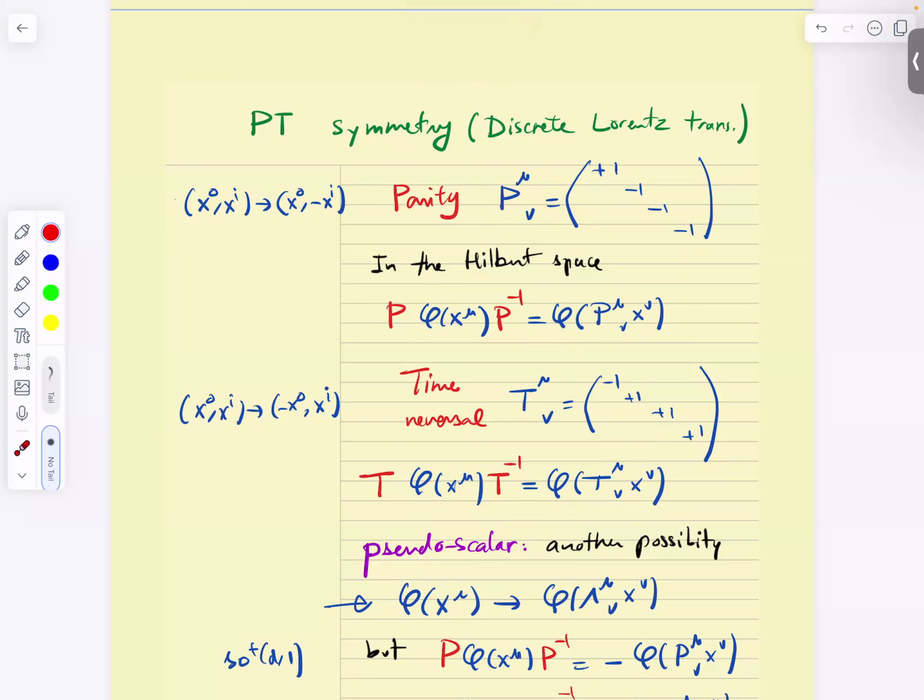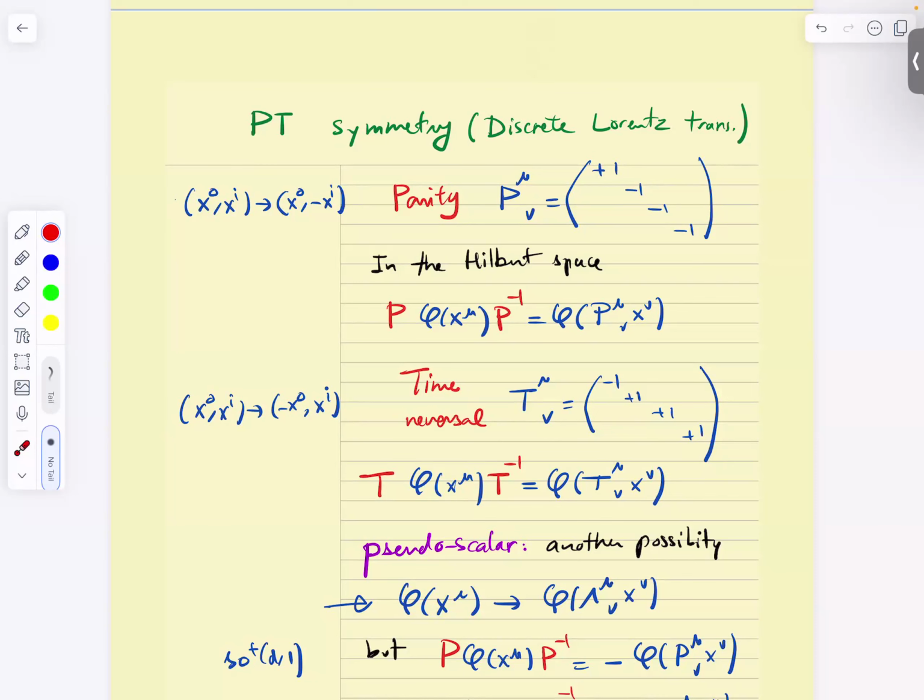We're talking about the representation of O(d,1). Scalar implies transformations under the connected piece, which is SO+(d,1), and P and T are acting trivially. That's what the scalar is.